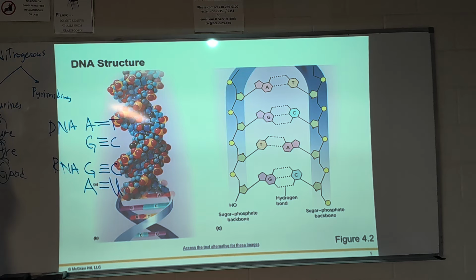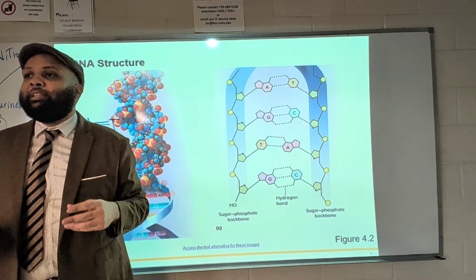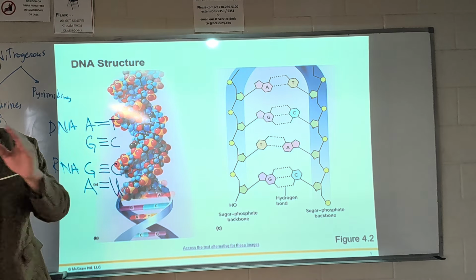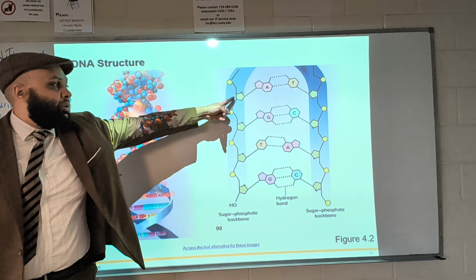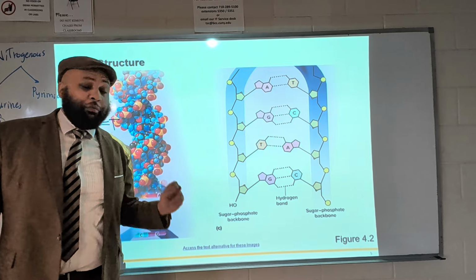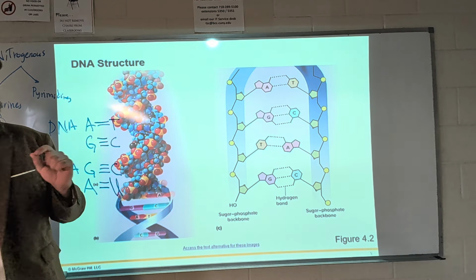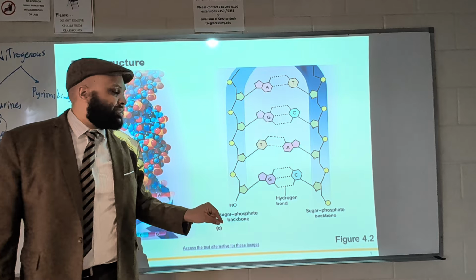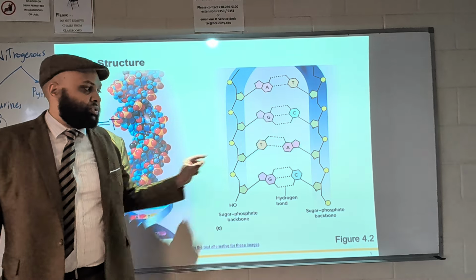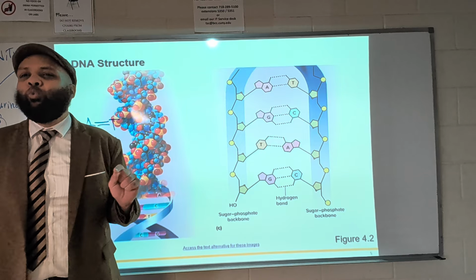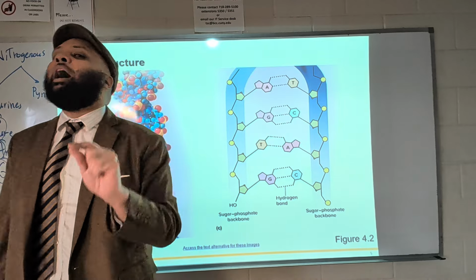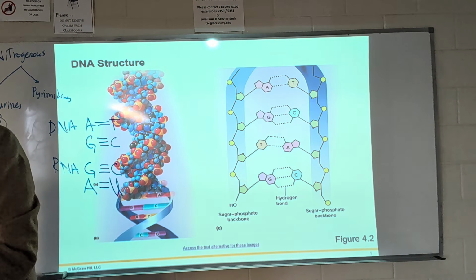You need to know something very important also: the bonds between the strands are dashed. Remember we talked about the difference between dashed lines and strong lines. What does it mean when you see a dashed line?